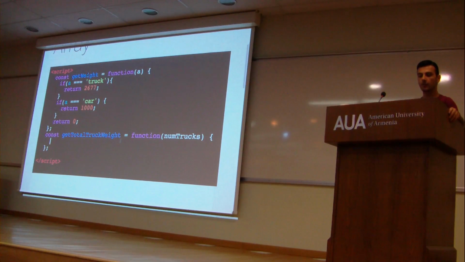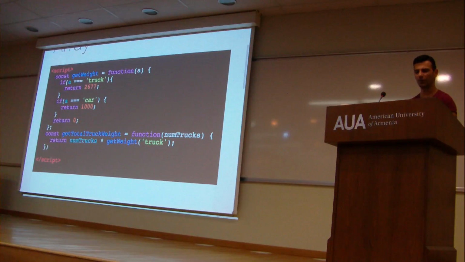And in here, you need to compute the weight of all of these trucks. If I know how many trucks, and I have this function, help me. Right, trucks times getWeight of truck. Voila. Oh, we're so good at math. I love it. That's it.